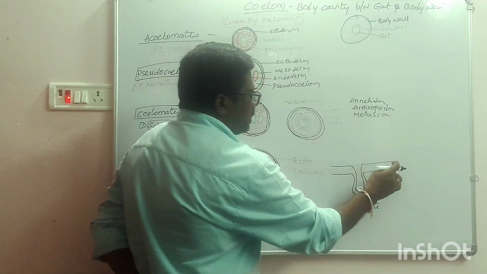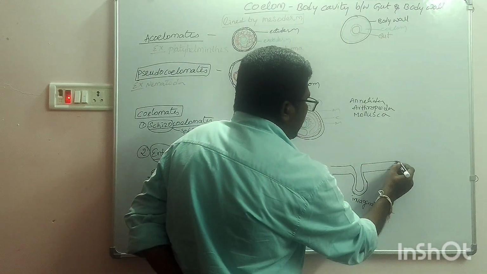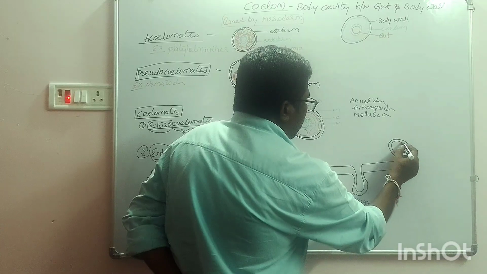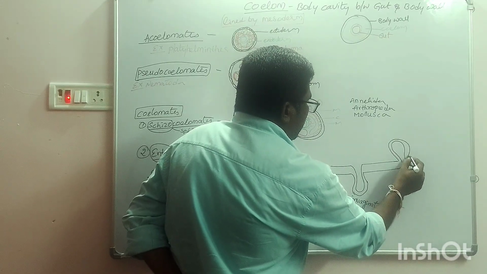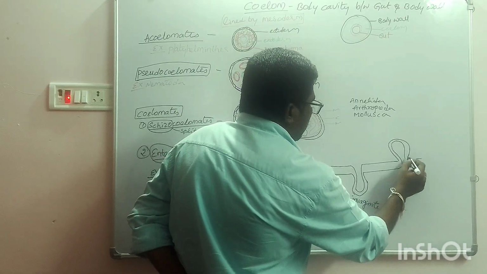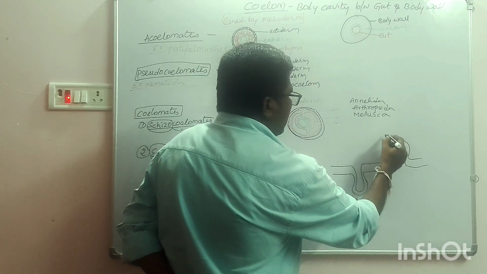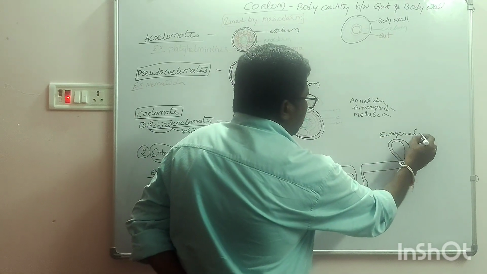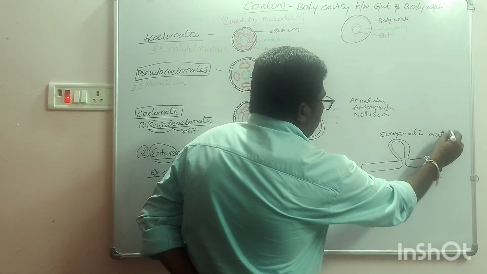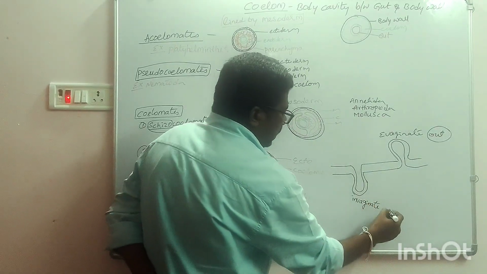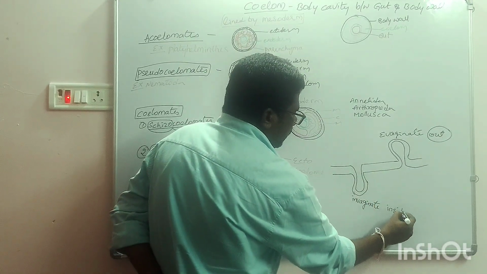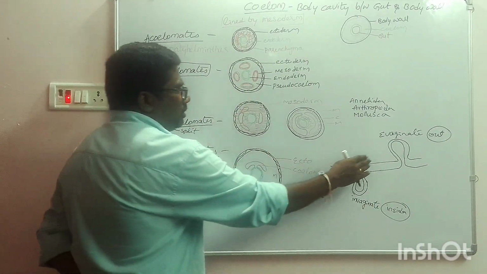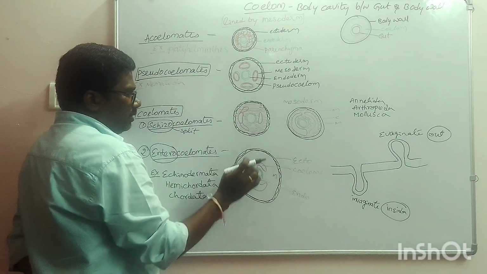If it comes outside like this, this is evaginate. So bulging outside. Here the gut is evaginating out, coming out and forming the coelom.